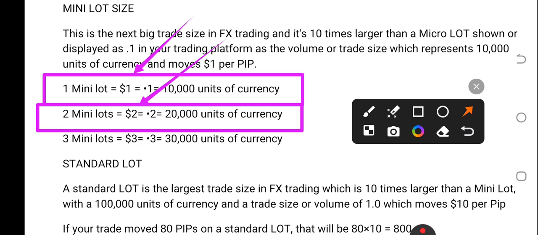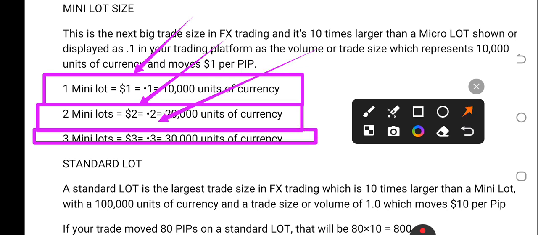If you are going to trade three mini lots like this, you will need 30,000 units of currency, and times 3, you are going to be making $3 per pip. I hope it is clearly understood.